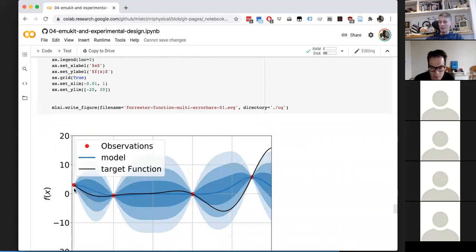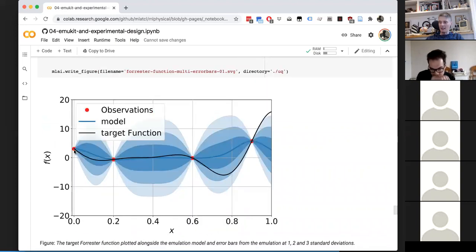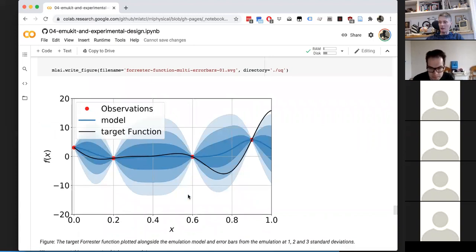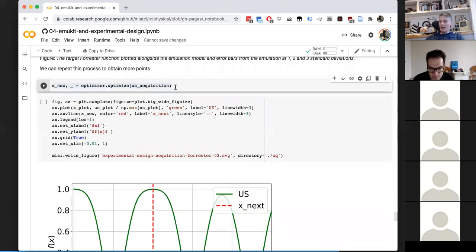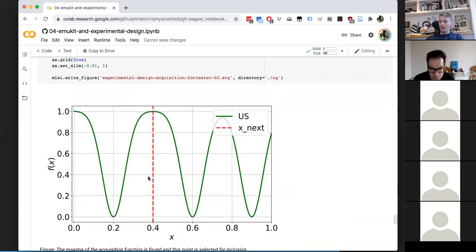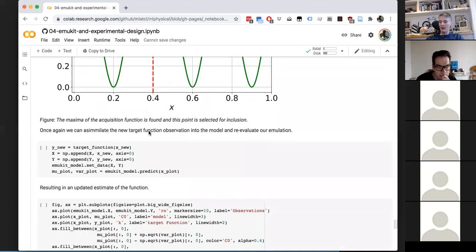And now with that model fit, it's added that data point and we've got the new function. Now we're running the acquisition again, doing the optimization of the acquisition on the updated model, and now it's picking the 0.4 point. So both of these are good points to pick, and it happens to first pick that and the second pick that.